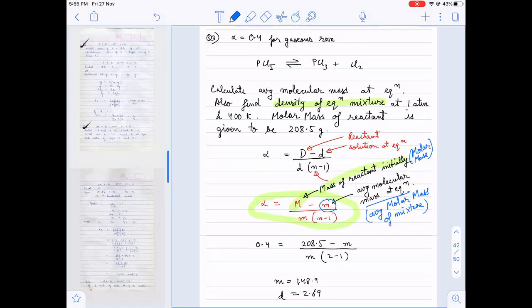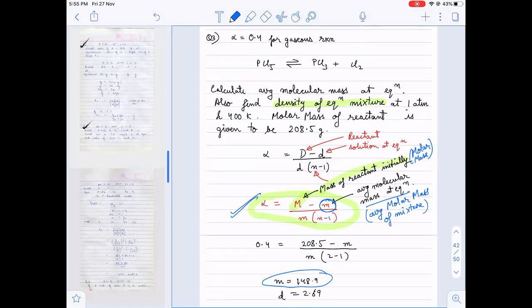In the previous class we have done alpha is equal to capital M minus small m divided by small m into n minus 1. By this we calculated the small m part, which came out to be 148.9.